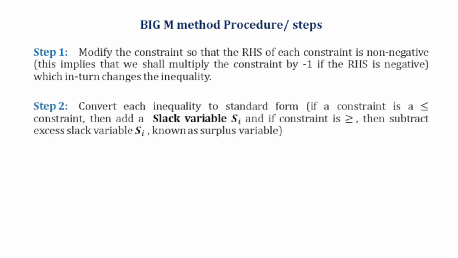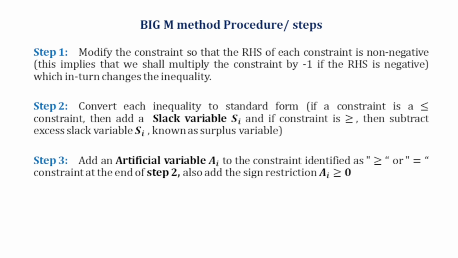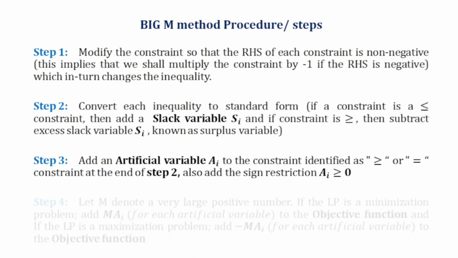Step 2, convert each inequality to standard form. If a constraint is a less than or equal to constraint, then add a slack variable. If it is greater than or equal to, subtract an excess variable, which is known as a surplus variable. Step 3 is to add an artificial variable to each constraint identified as a greater than or equal to constraint at the end of step 2, and also add the sign restriction a_i greater than or equal to 0. All of this will be clear as we start solving this question.